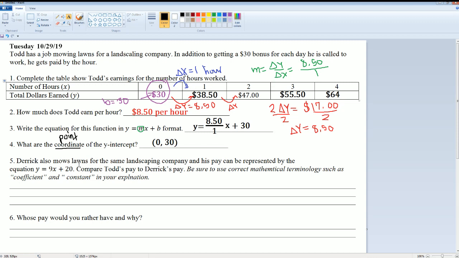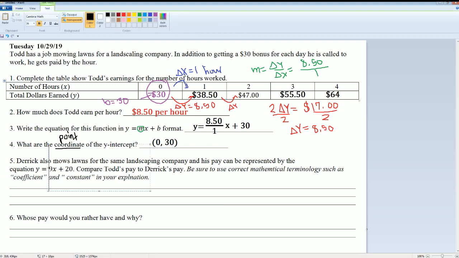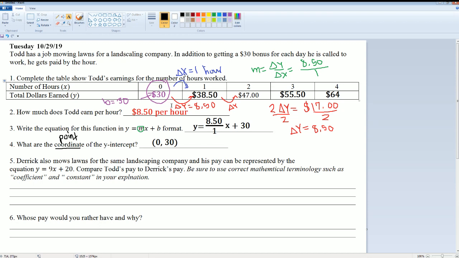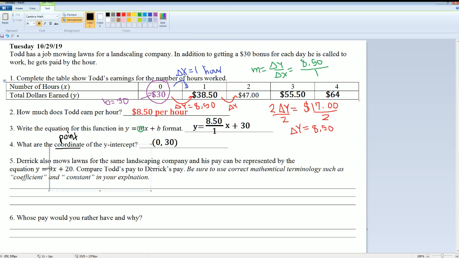Derek also mows lawns for the same landscaping company, and his pay can be represented by this equation. Compare Todd's pay to Derek's pay. Make sure you use the correct mathematical terminology. Derek makes $9 per hour, but Todd only gets paid $8.50.